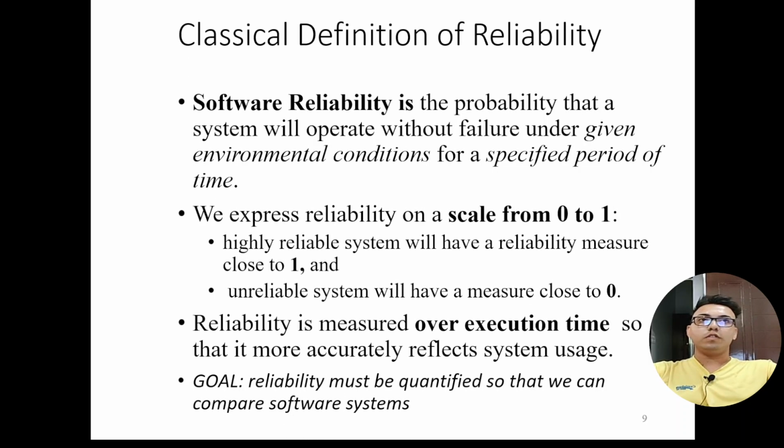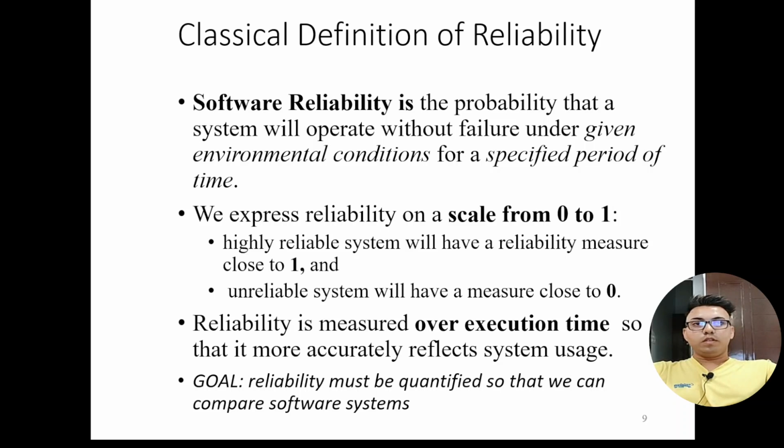The classical definition of reliability: software reliability is the probability that the system will operate without failure under given environmental conditions for a specific period of time. We express reliability on a scale from 0 to 1. A highly reliable system will have a reliability measure close to 1, and an unreliable system will have a measure close to 0.